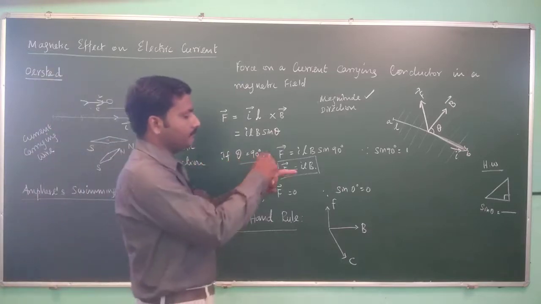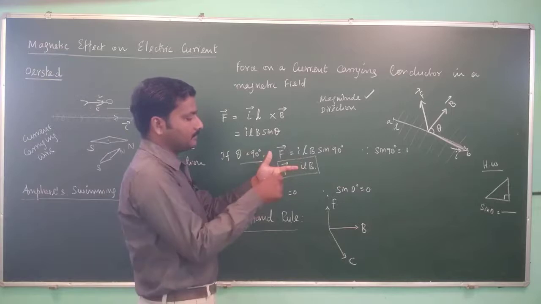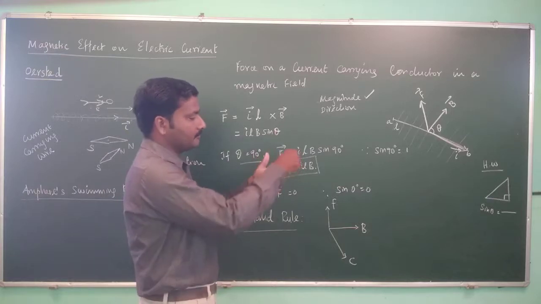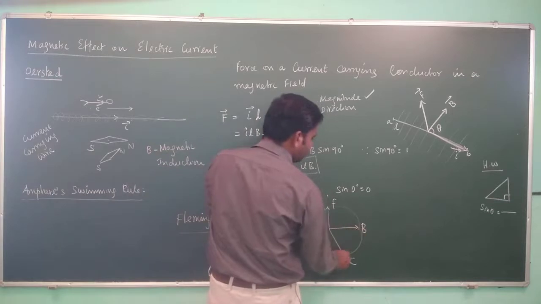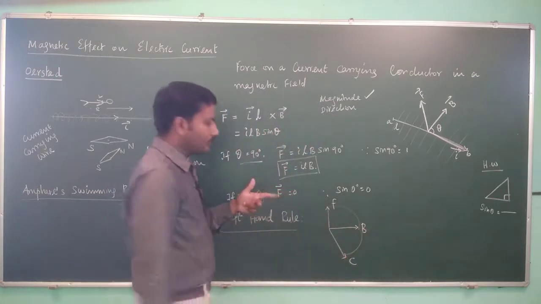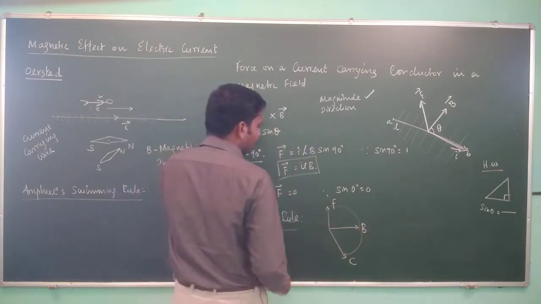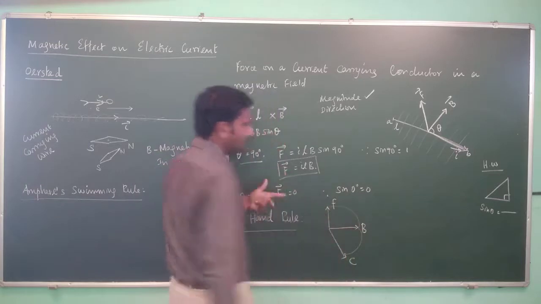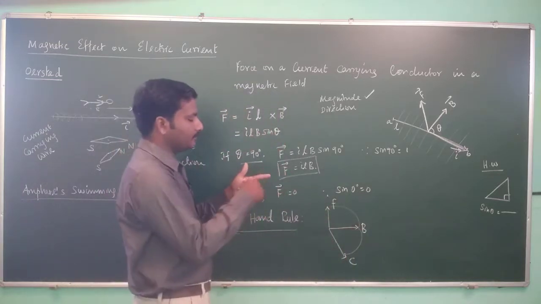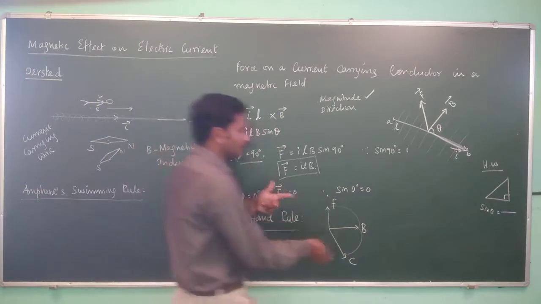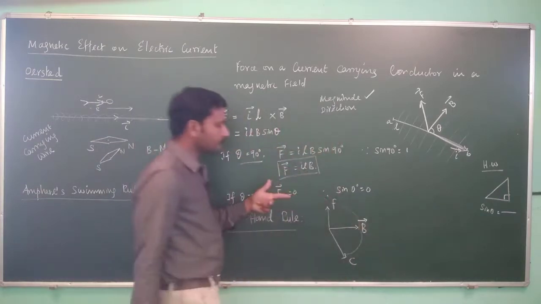Now you can connect these fingers like a curve, like this. In that case, you get a symbol B, so you put that symbol B here. So this is the B vector.